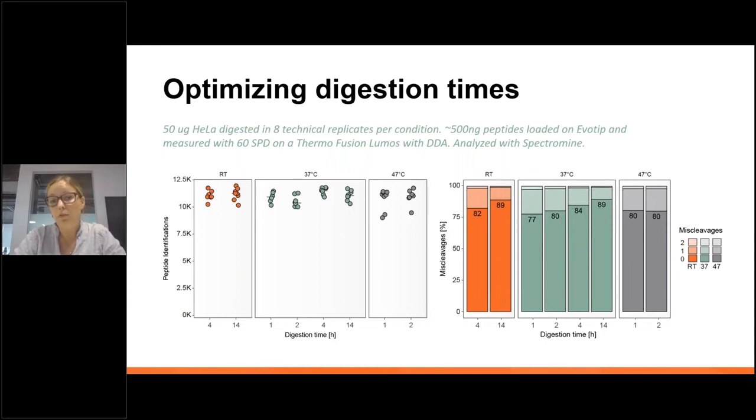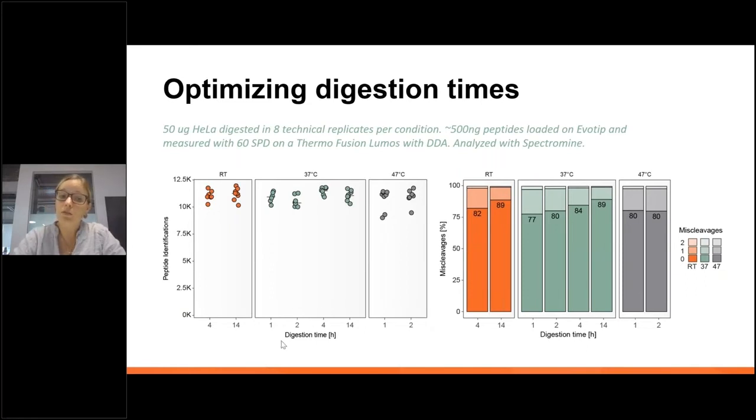It is possible to implement a heating module on the Opentrons, but we also wanted to be more flexible and see if we could avoid the heating module taking up space on the robot. So we decided to challenge this with different times, 1, 2, 4 hours, and compared with 14 hours at 37 degrees.